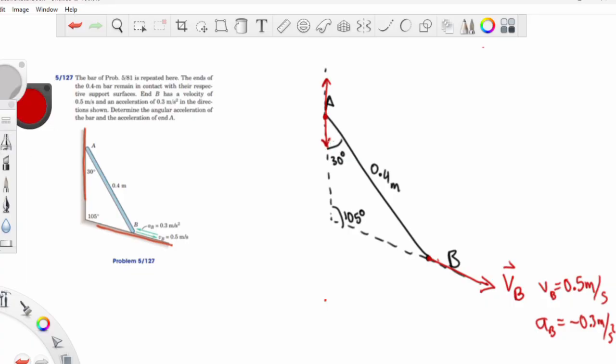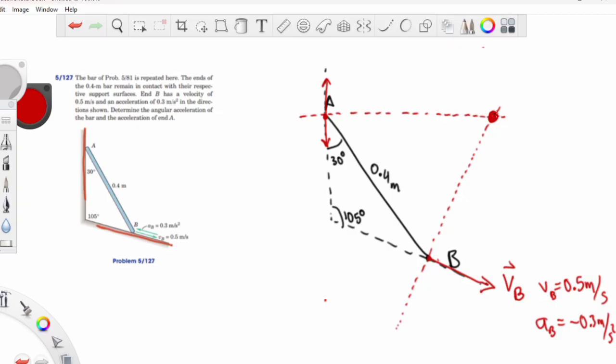Let's find the instantaneous center of 0 velocity by projecting a perpendicular line that crosses point B, perpendicular to the velocity VB. And no matter if it goes up or if it goes down, the perpendicular is the same here. So we know that our instantaneous center of 0 velocity should locate at this point.